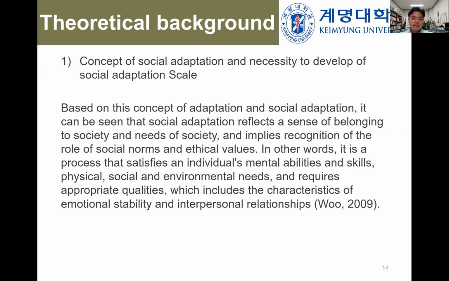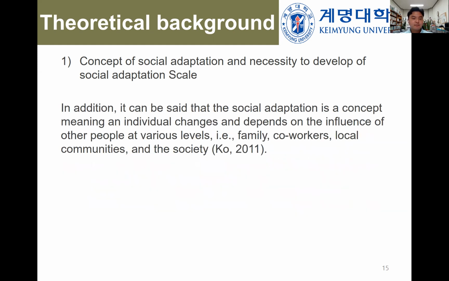In other words, it is a process that satisfies an individual's mental ability and skills, physical, social, and environmental needs, and requires appropriate qualities, which include the characteristics of emotional stability and interpersonal relationships.